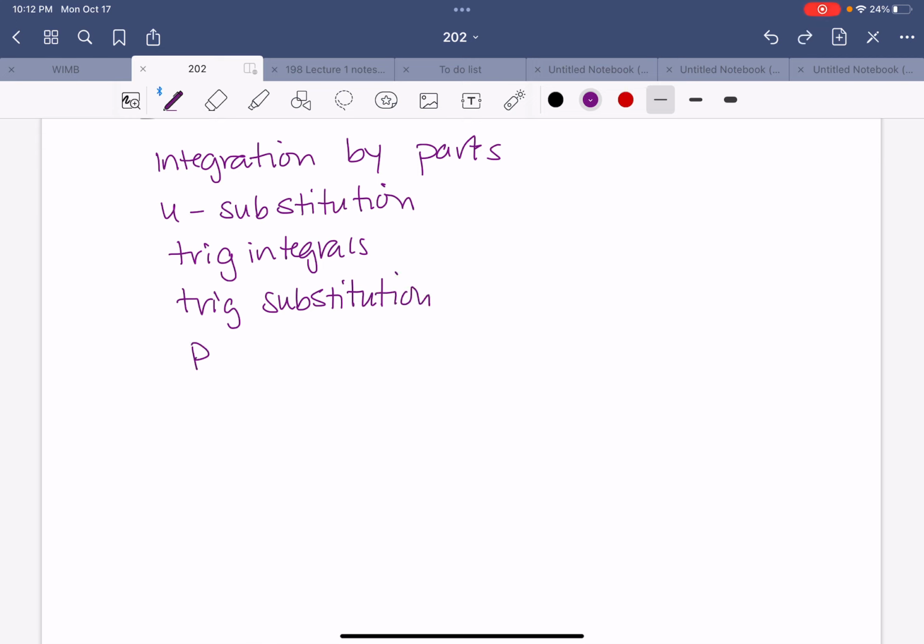And we have partial fractions. Now 3 of these are very particular in the structure of the integral in which you would use it, and that's particularly the last 3. There are particular instances where you would use those. So let's talk about what that is.